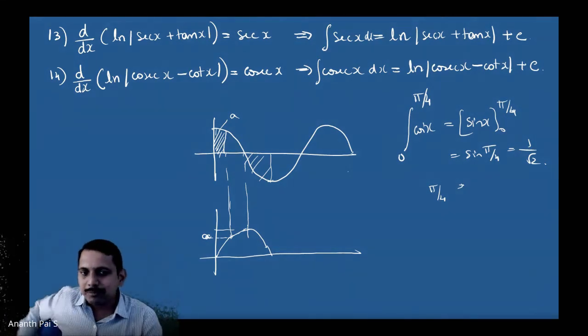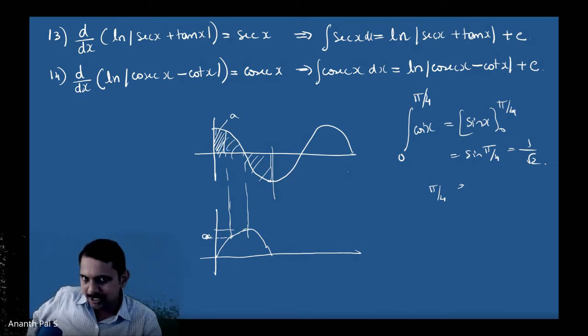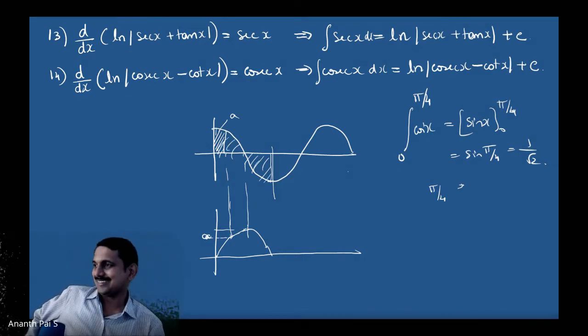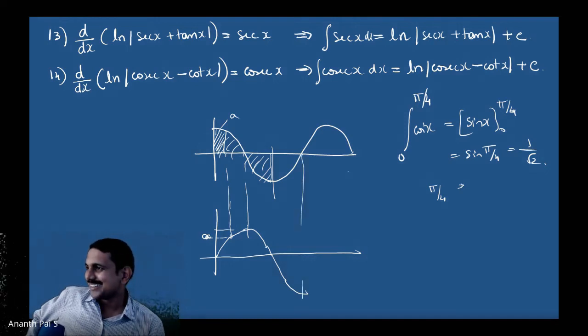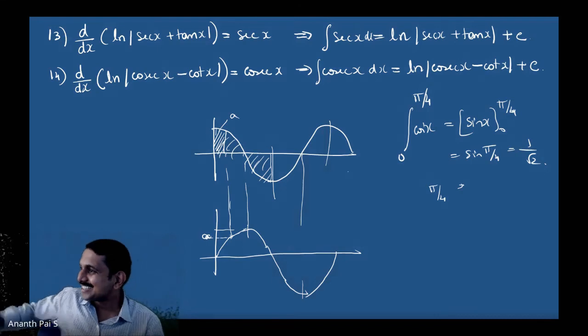If you come till this point, for example, what is the area? 0, because there's a positive area and there's a negative area. Then again the negative area grows and it goes to maximum when it is over here. And then again it becomes 0 when it comes over here. Understand in this fashion.